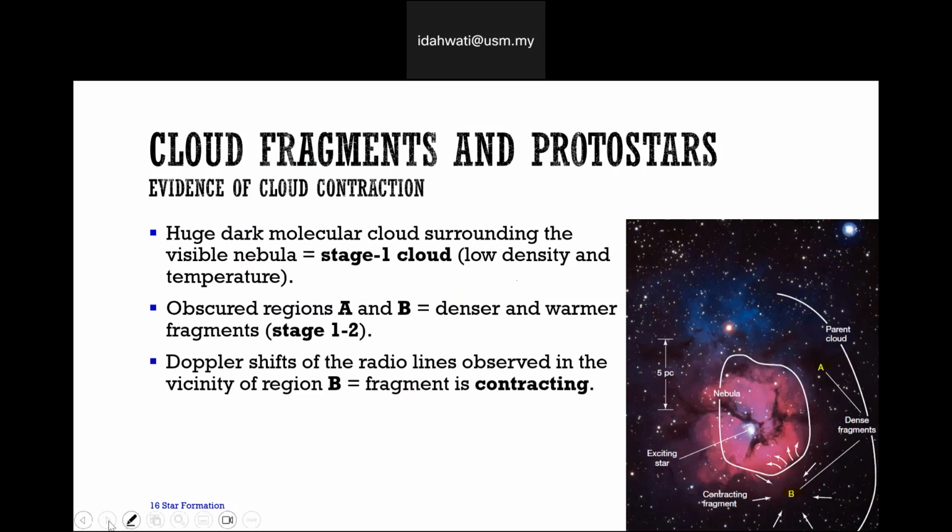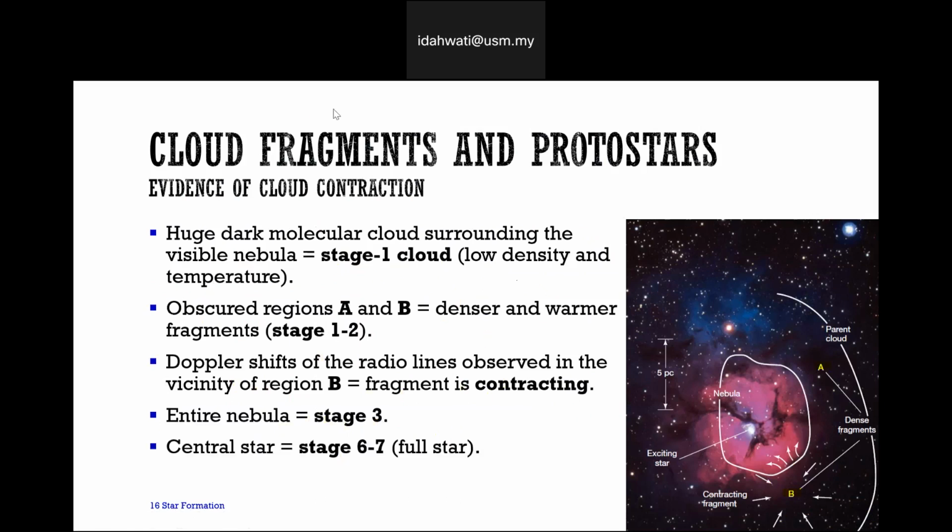The Doppler shift of the radio lines observed in the vicinity of region B indicates fragment contraction, and the nebula refers to stage 3. The central star is in stage 6 to 7 for the full star.